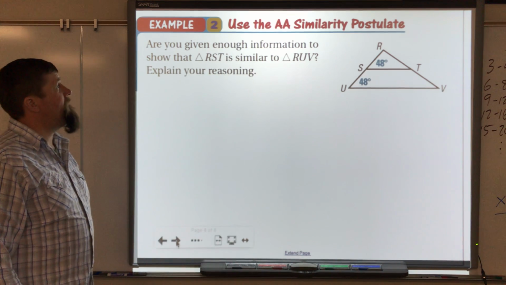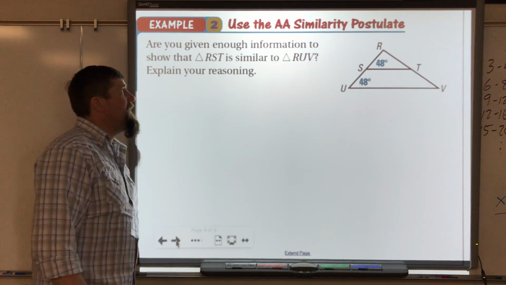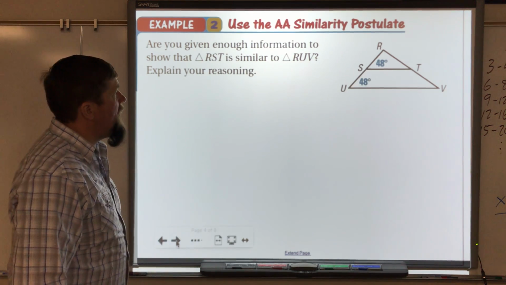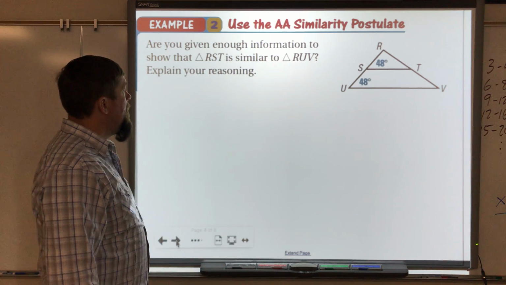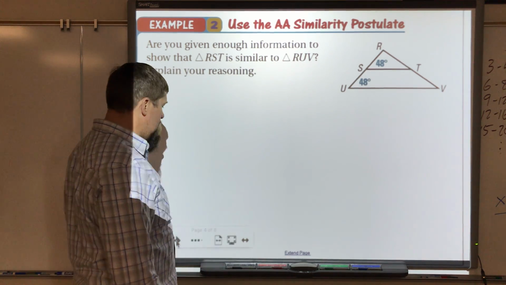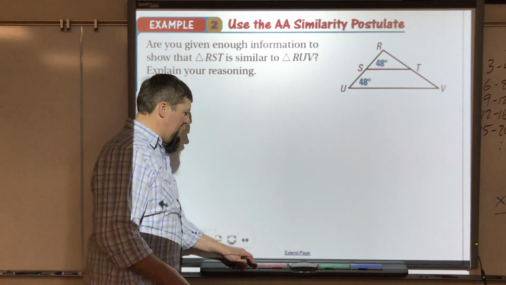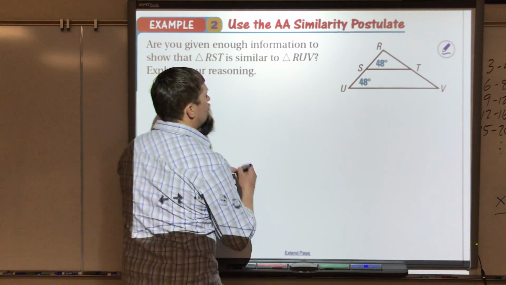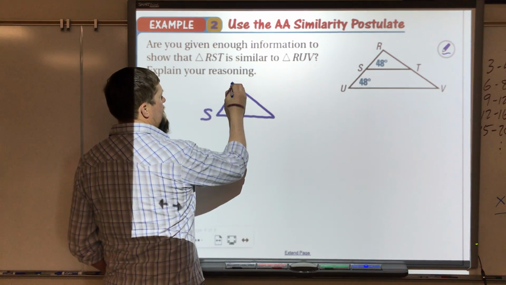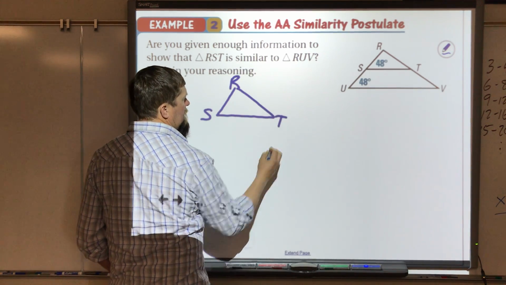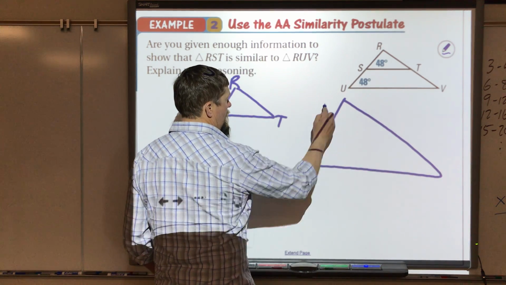Are you given enough information to show that the triangle RST is similar to triangle RUV? Okay, do we have enough information? Well, all we need is two angles. Okay, so I'm basically looking at triangle RST, and then I'm looking at triangle RUV.